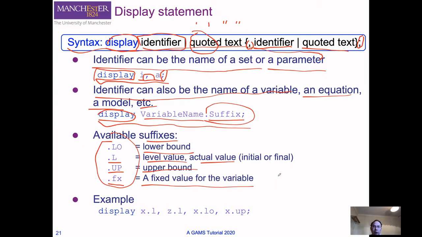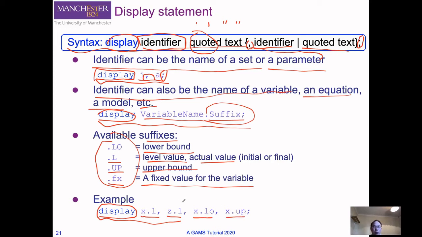For instance, if we want to display the values of variable x and variable z, then we can write like this, starting from the keyword display, and then the name of the variable x.l, the name of the variable z.l. If we also want to display the lower and upper bound of the variable x, then we can write x.lo and x.up.